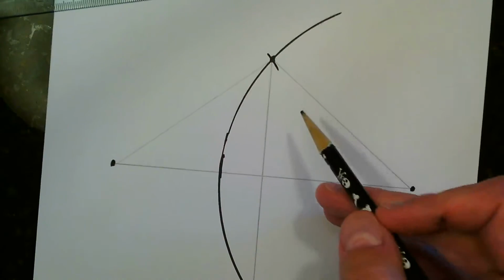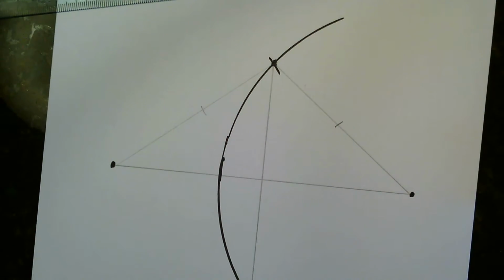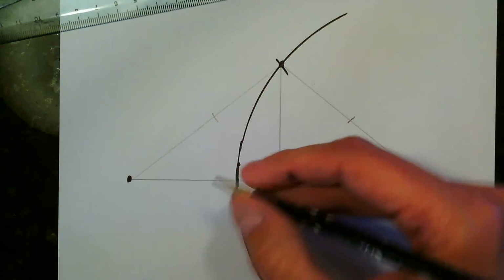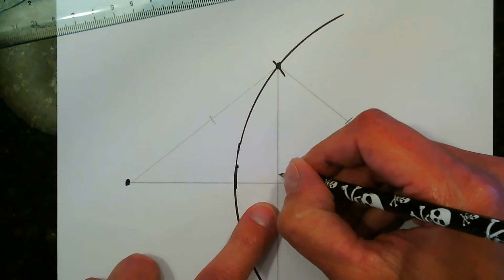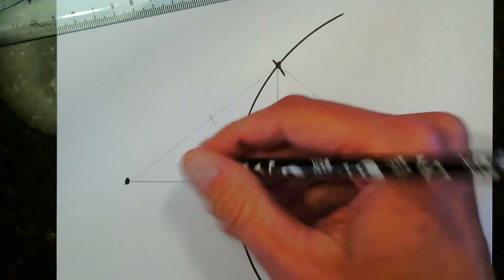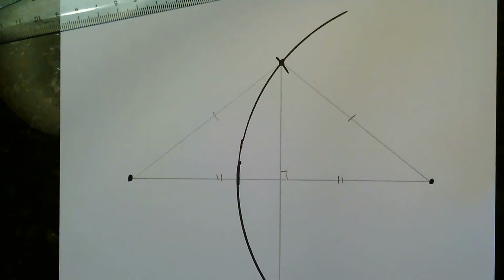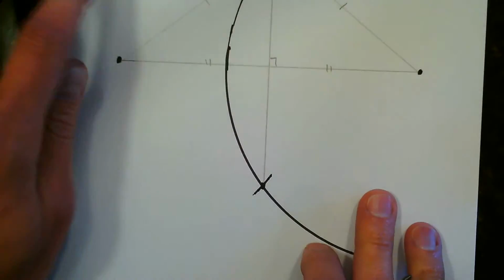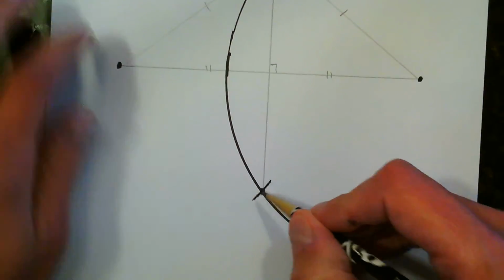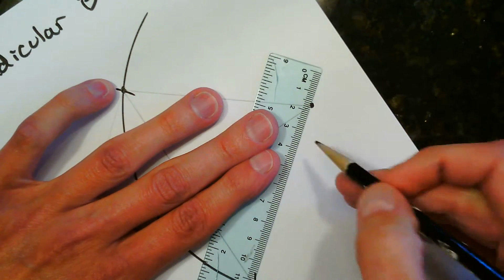Which means you have an isosceles triangle. And since you have an isosceles triangle, it's going to meet at a 90-degree angle in the center, because they're both the same distance, meaning these two are also the same distance. And if we did the same thing down here, we'd create this nice little rhombus, because again, those are all the same little points.